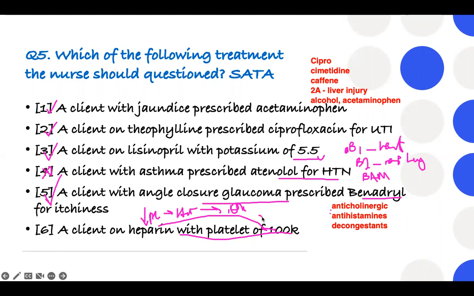You should stop all heparin medication. So this one, we have to intervene. So 1, 2, 3, 4, 5, we have to intervene. The only person we don't have to intervene on is the asthma patient.